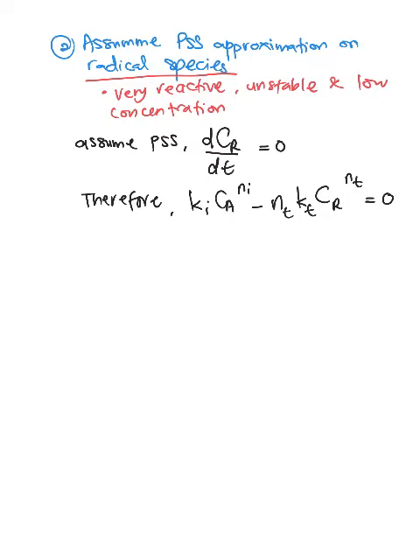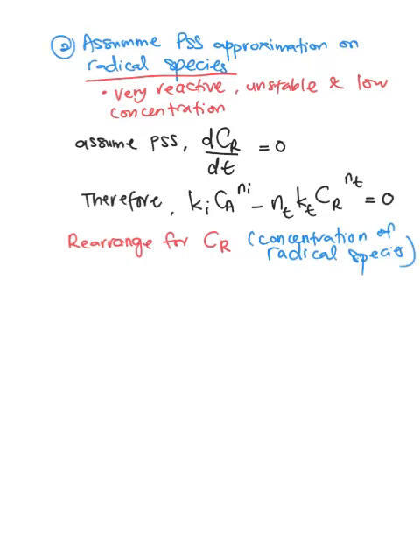Alright. Then, rearrange the equation. You will get, rearrange for Cr. Okay, rearrange for concentration of radical species, not for reactant A. So we need to rearrange for the concentration of a radical species.